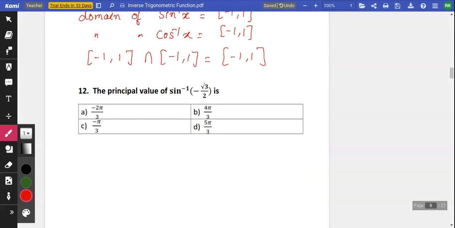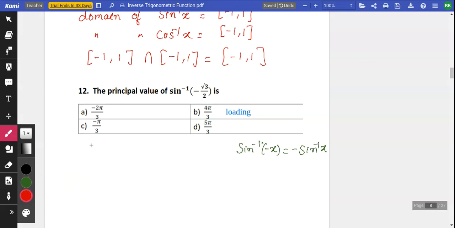Find the principal value of sine inverse of minus square root of 3 by 2. Basically, sine inverse of minus x is equal to minus sine inverse x.